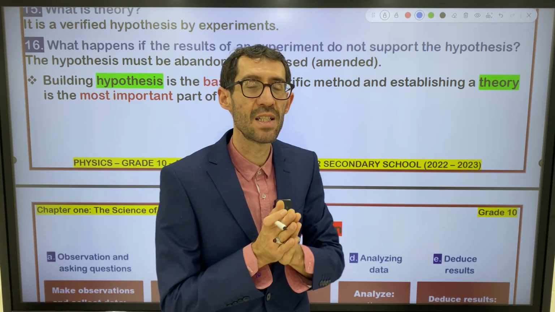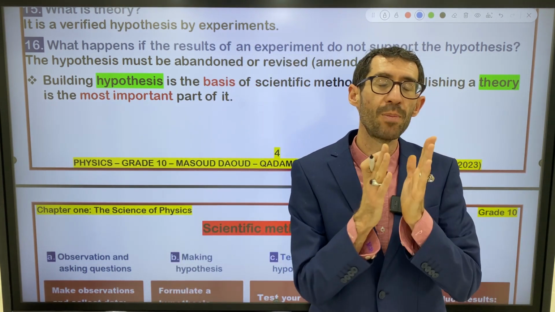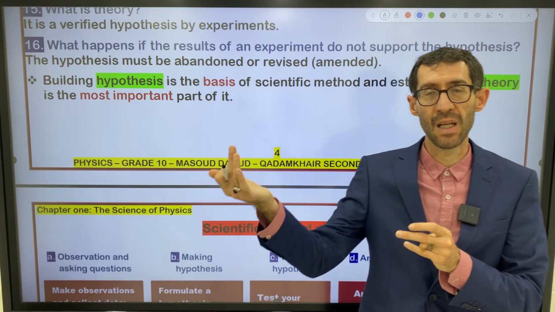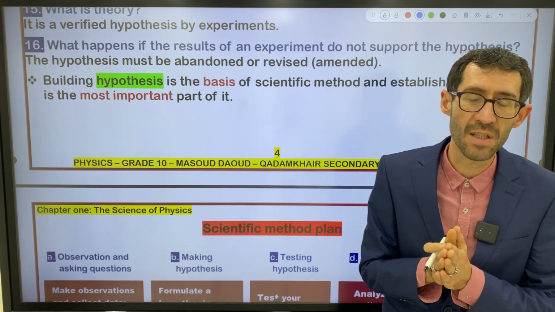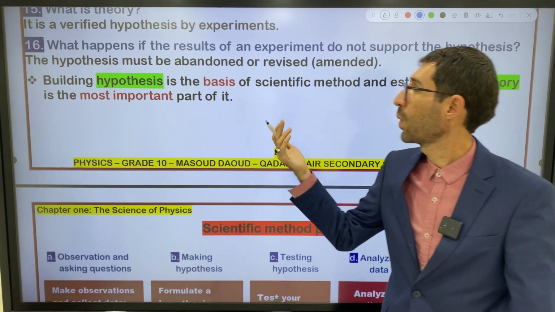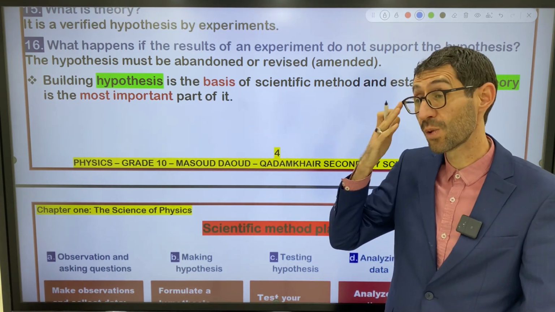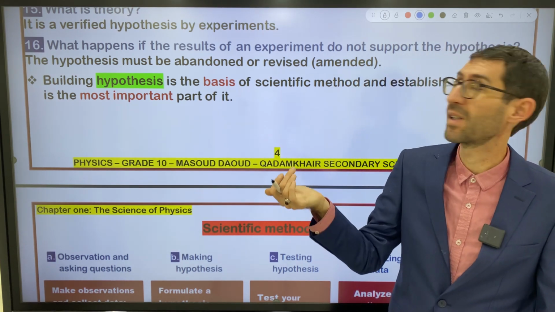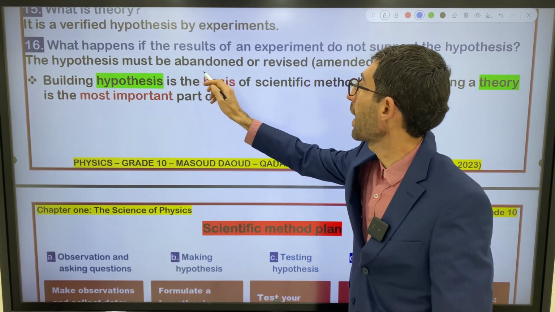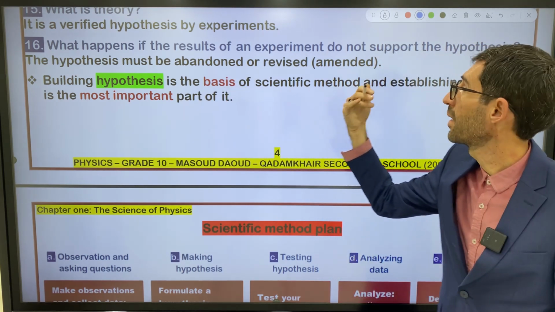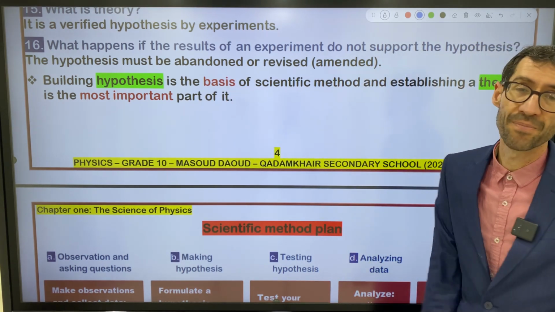When the condition is not satisfied, when experimental data opposes the expectation of the hypothesis, what's the solution? The answer says the hypothesis must be abandoned, revised, or amended.